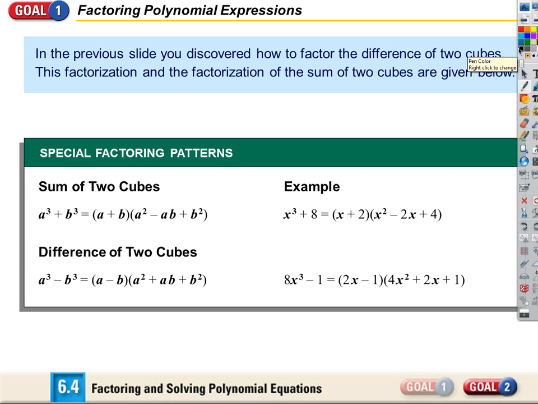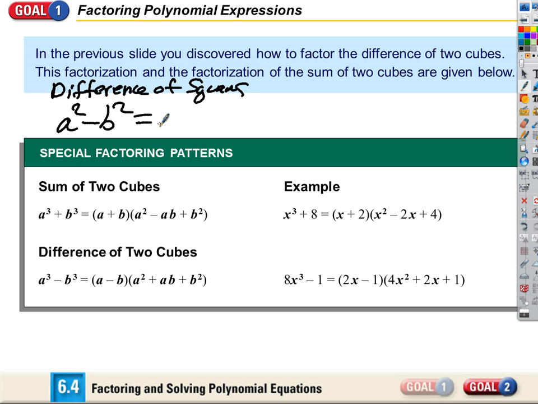In chapter 5, we also had a difference of squares. Do you remember how this factored? A squared minus b squared. How did that break apart? A squared minus b squared always broke apart into what? Remember? I wouldn't blame you if you didn't remember because we didn't do it very often.